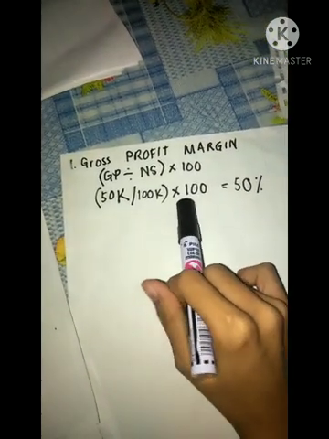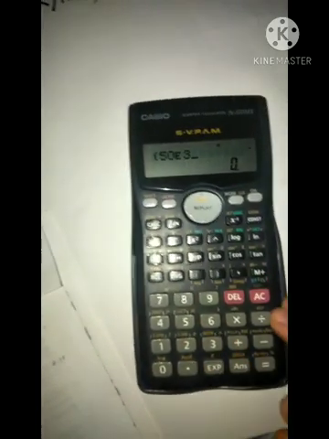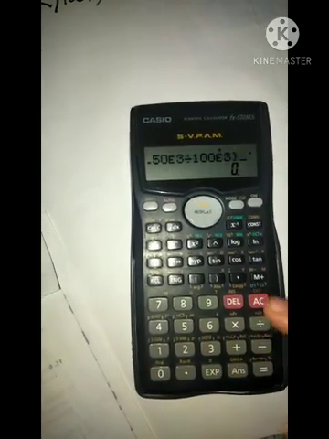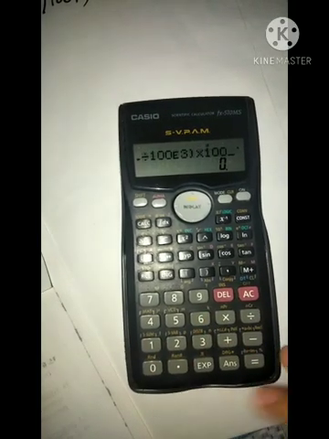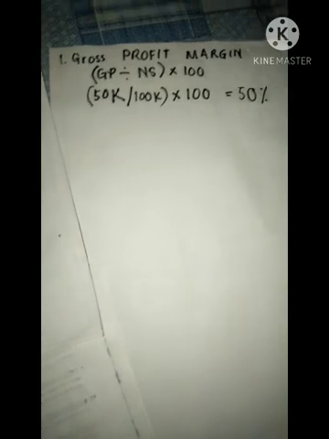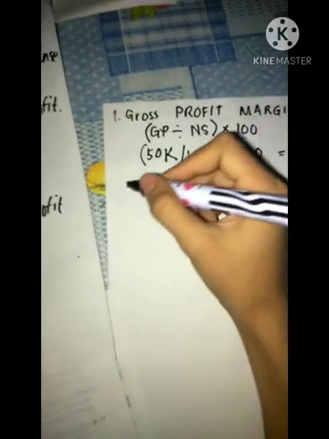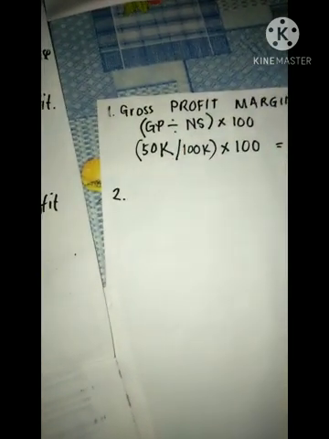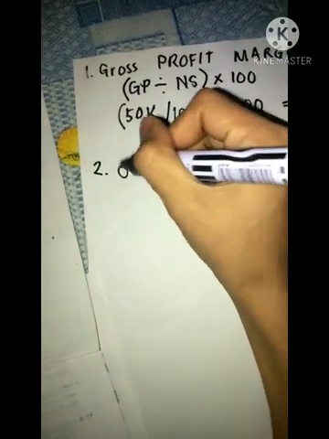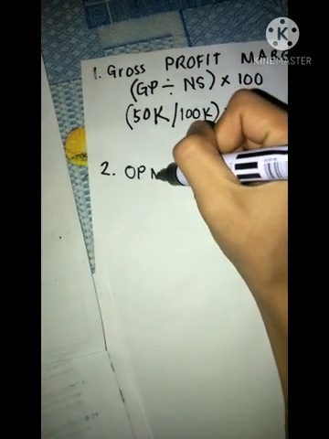Multiply the answer to 100 and we computed 50%. Paano po nangyari yon? Ganito lang yan. 50,000 divided by 100,000 multiply by 100. So 50%.